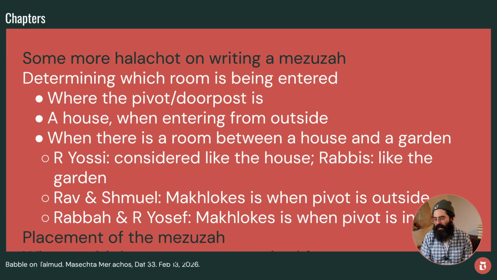When the pivot is outside, that's where Rabbi Yossi says it still requires a mezuzah, and the rabbis say it does not. Rabbi and Rav Yosef say that the machlokas is davka when the pivot is inside, but when the pivot is outside, everyone agrees you don't require a mezuzah. Only when it is inside does Rabbi Yossi say it requires a mezuzah, and the rabbis say it does not.